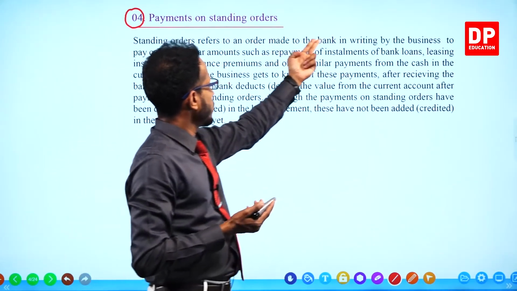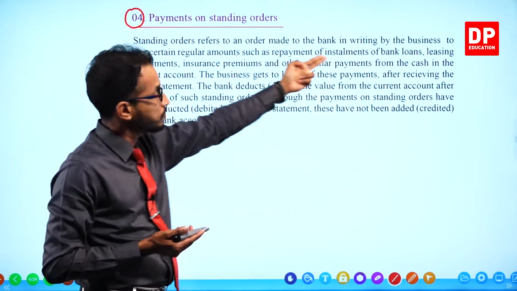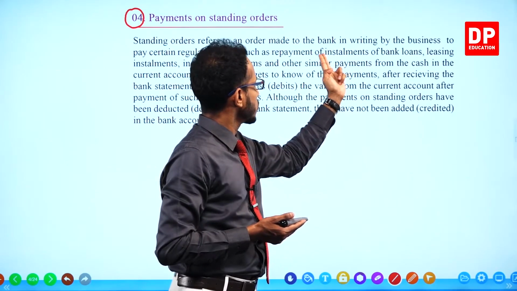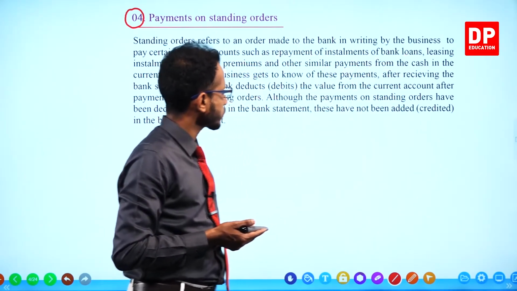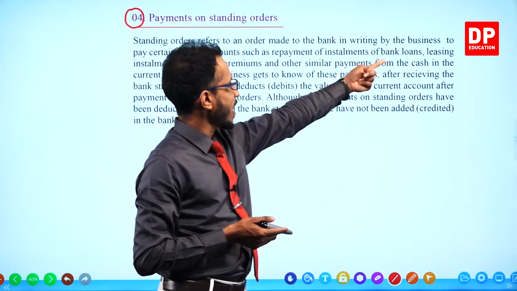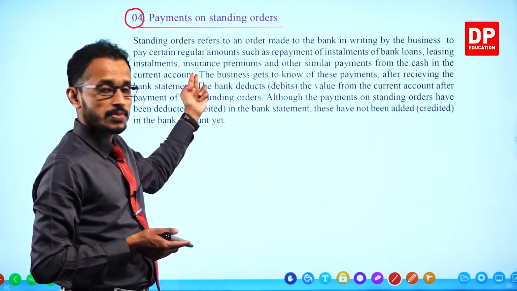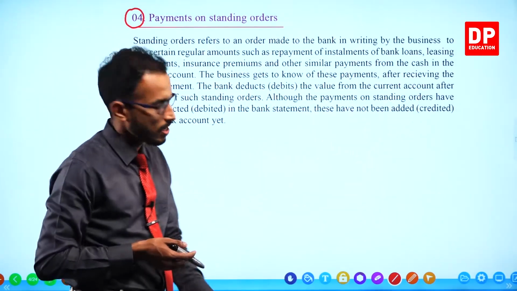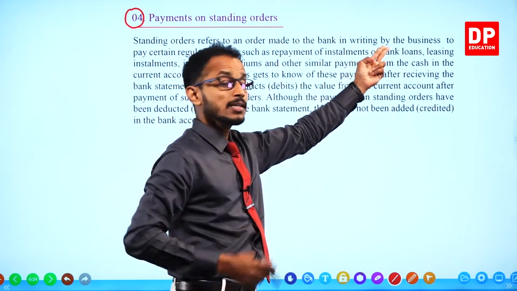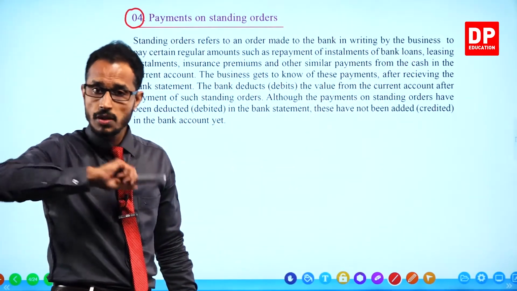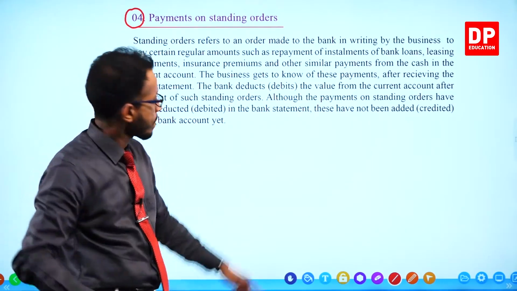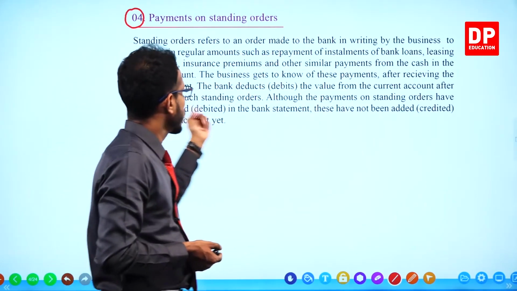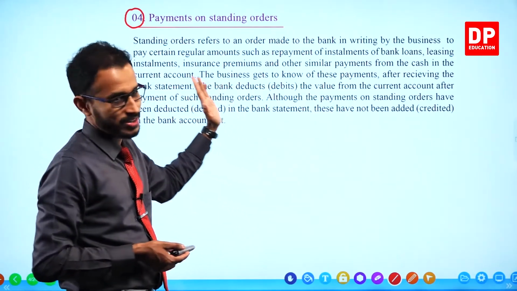Standing orders refers to an order made to the bank in writing by the business to pay a certain regular amount, such as a repayment of a bank loan, leasing installment, insurance premiums, and other similar payments. An order in writing given by the business or the current account holder to the bank to pay a certain amount regularly. Yeah, that's it. So these are standing orders.